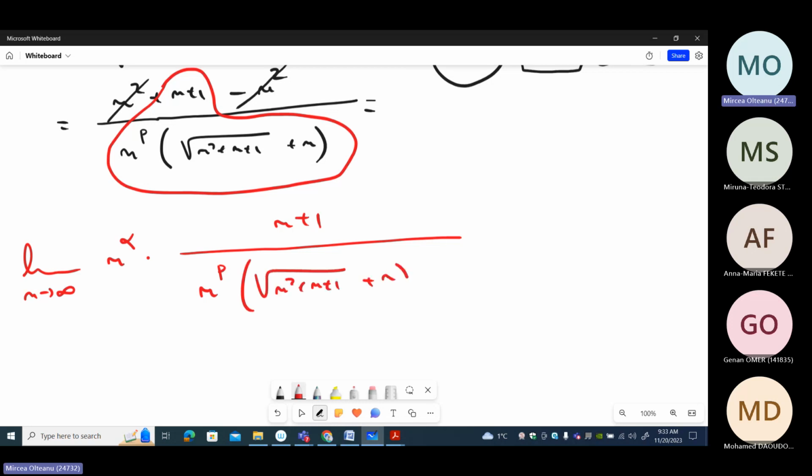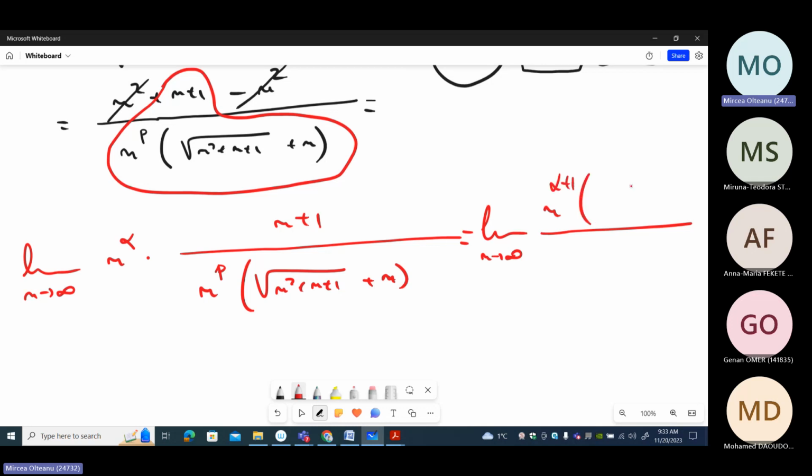And now it's nothing but a problem of degrees. In order to get a non-zero and not infinite limit, the degrees from above and from below must be equal. So we can write like this. Who is the maximum power above? Above it is n at alpha plus 1.